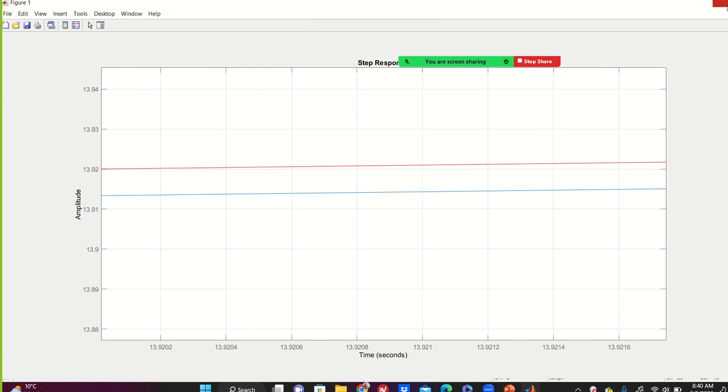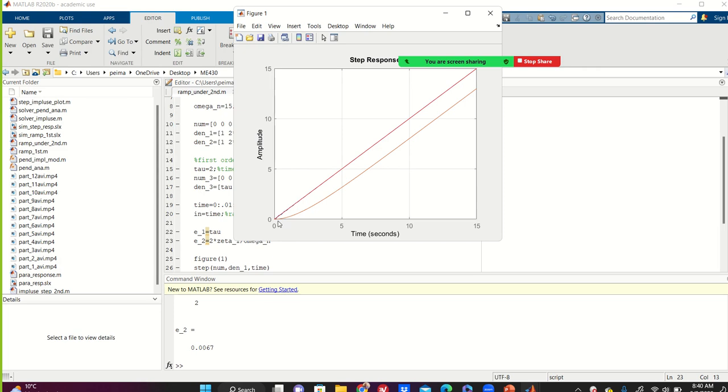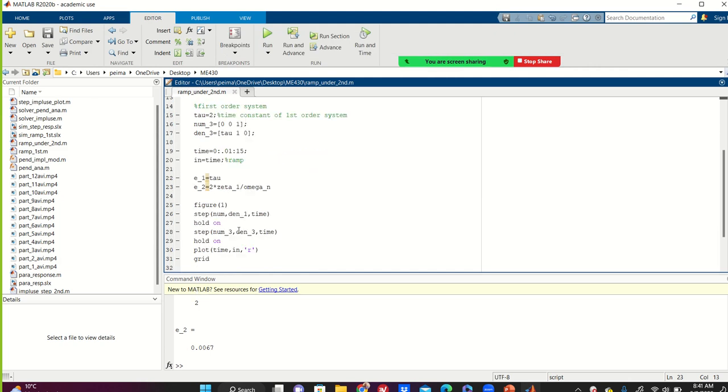But see what I'm saying? So when you come to the control class, you're going to, oh, why did I close it? You're going to learn how to design a controller to make both of them go to the input to the system, both of them. For more visualizing, let me put this as 2 with more damping.